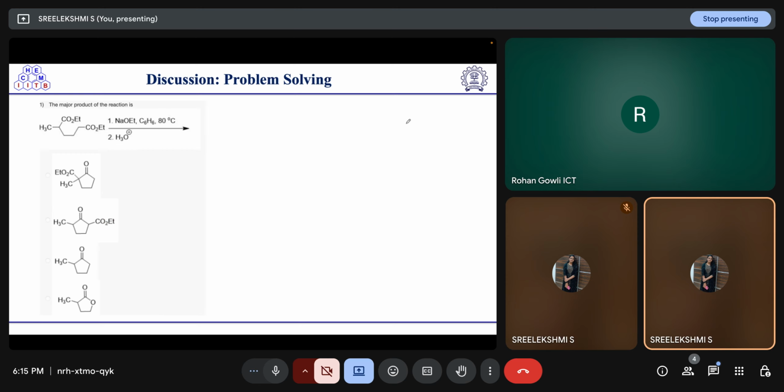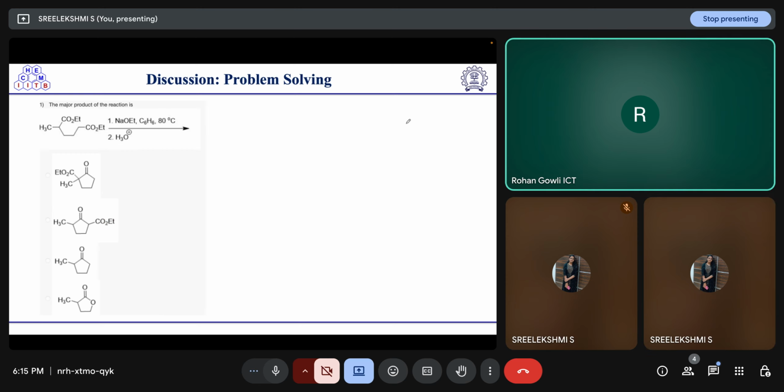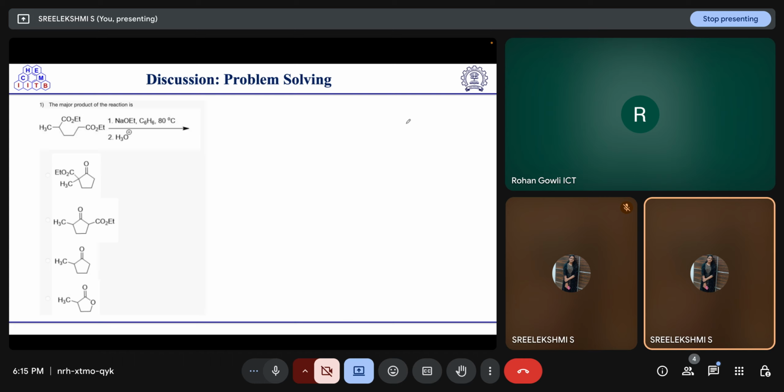Next is this one. So this is a kind of intramolecular aldol reaction.